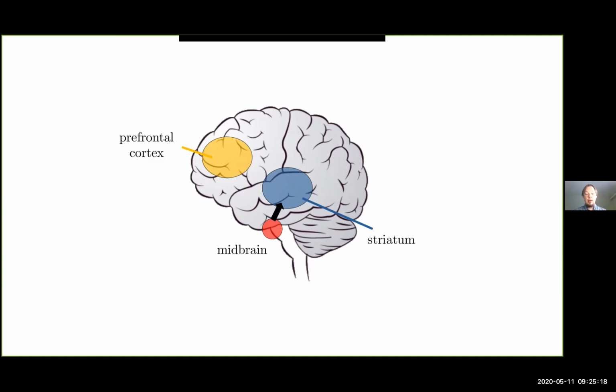However, again, we don't exactly know how these reinforcement learning systems are implemented in the brain. And I want to emphasize that it's not like these areas alone are responsible for these computations. They are just areas that we know are associated with these sorts of planning and learning when they are active in the human brain.